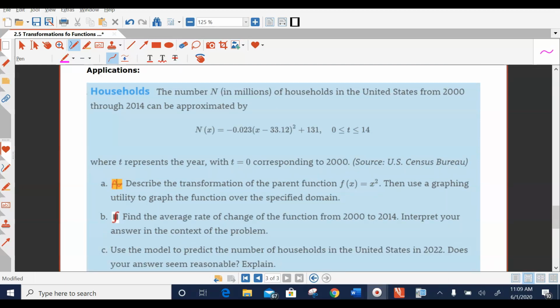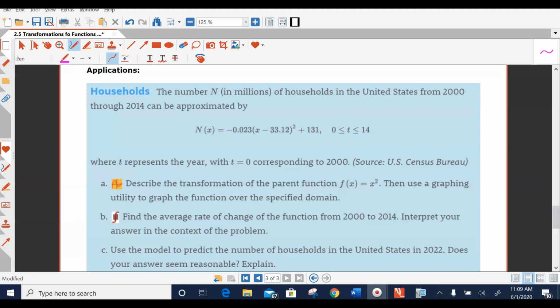So let's wrap up this section with this last application. The application gives us an equation for the number n in millions of households in the United States from 2000 to 2014.